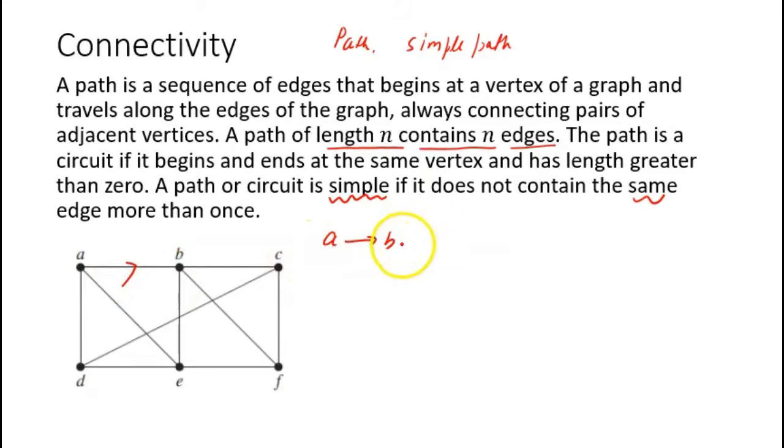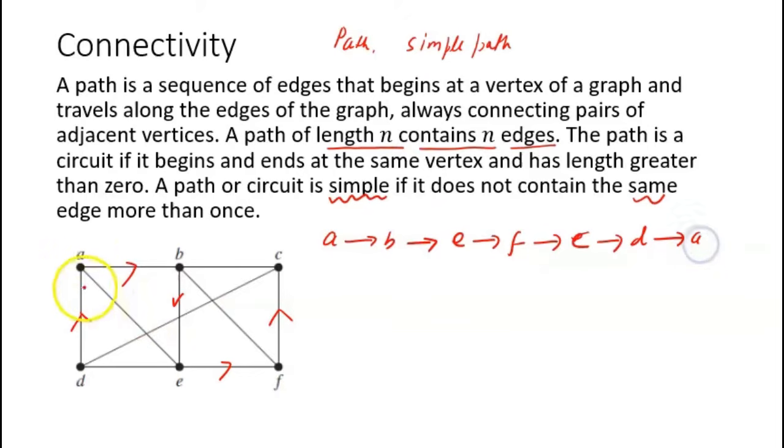Suppose I move from A to B, then B to E, then E to F, then F to C, not F to E, sorry, F to C. Then C to D, and D to A. So now I'm stopping here.